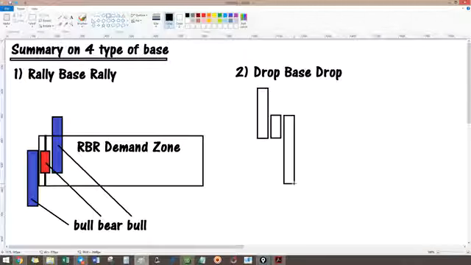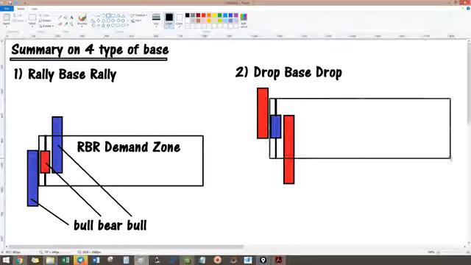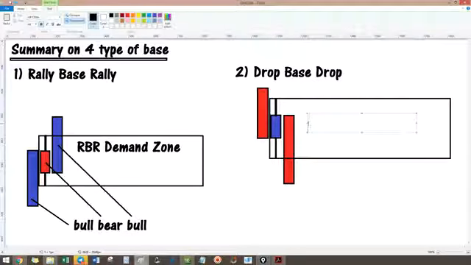This one. One. Okay. This is DBD. Supply zone.